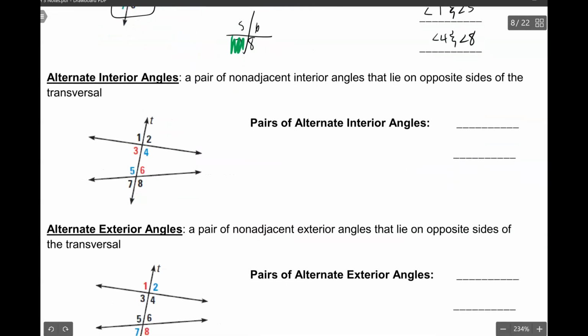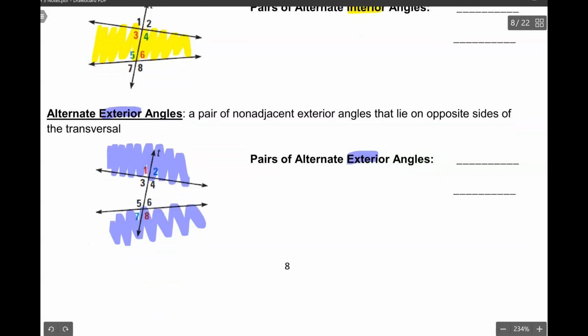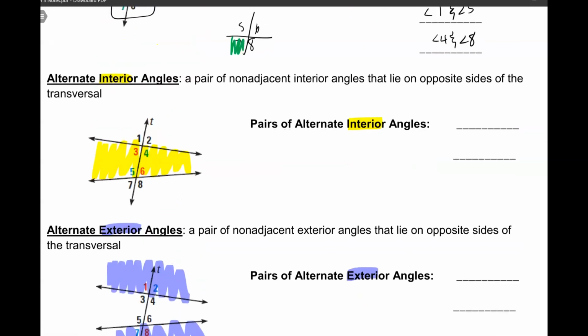All right, alternate interior angles. Interior means on the inside versus exterior means on the outside. Alternate interior angles are a pair of non-adjacent interior angles that lie on opposite sides of the transversal.